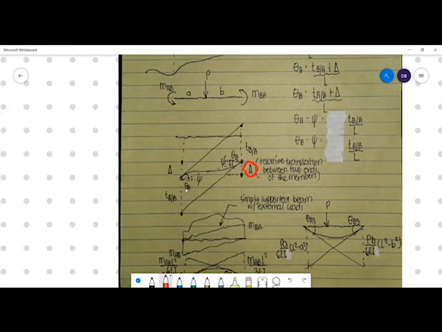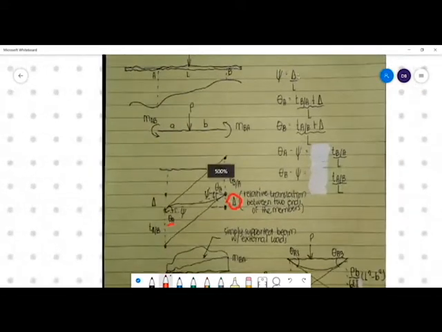So meron tayong rotation theta A, that is the slope at A, and then theta B, slope at B. Yung slope naman na dahil sa translation natin, we are going to call it psi, Greek symbol psi. Okay? And psi natin is equal to delta over the length, no?